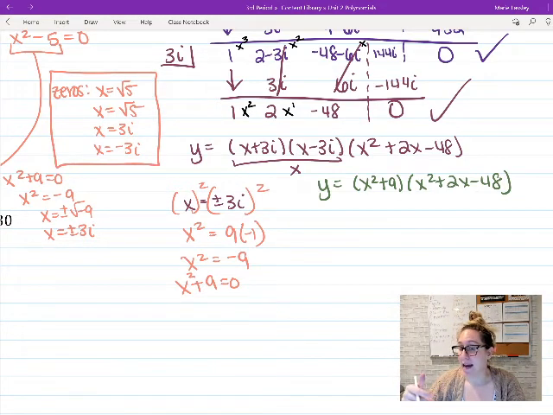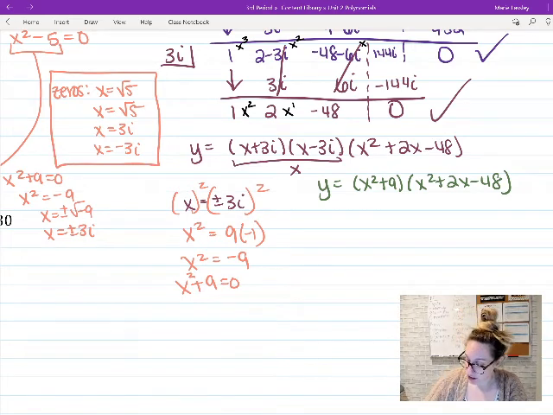I think it might. So I need two numbers that multiply to negative 48 and add to positive 2. So 48 is 6 times 8, and if the 6 is negative, then I can get a 2 in the middle. So this actually does factor. That's just normal quadratic factoring though.